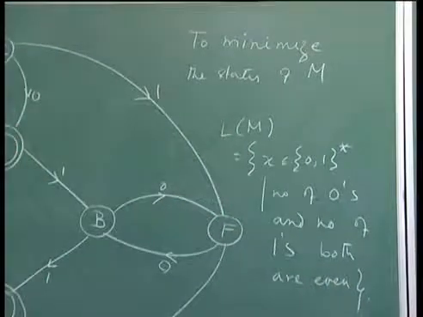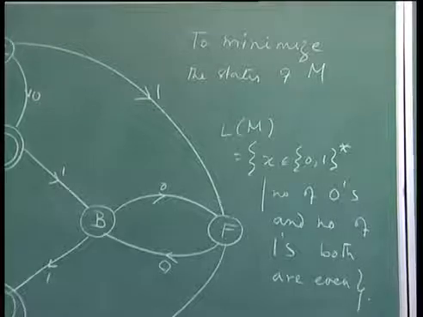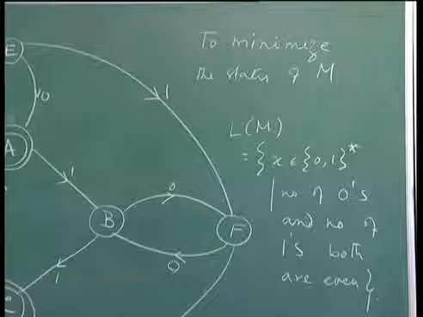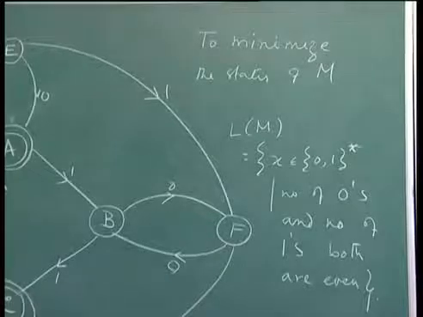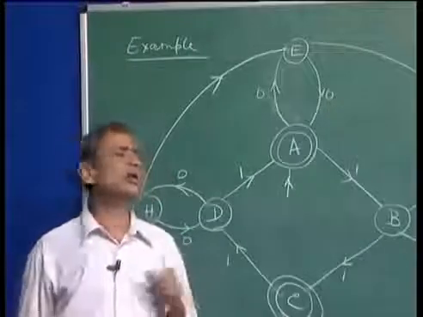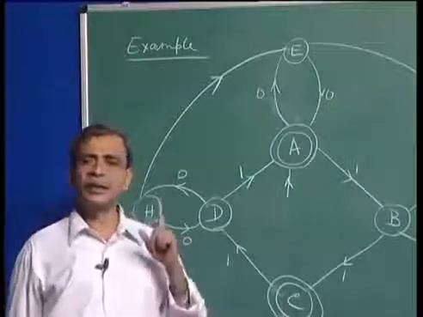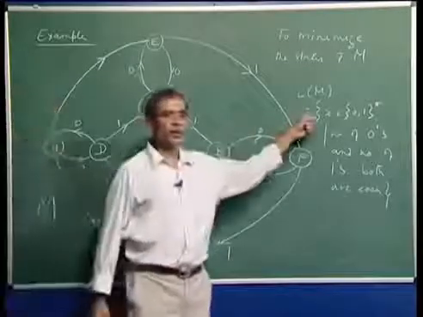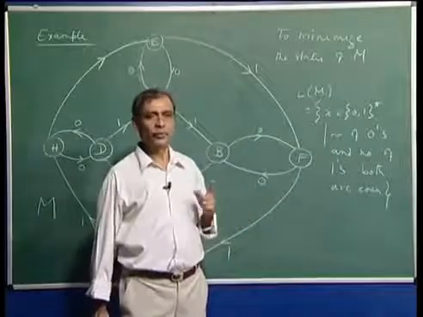But of course, for this language we had given right in the beginning, in one of our first or second classes, a very simple 4-state DFA. And we also proved at that time by an ad hoc argument that there can be no DFA accepting this language which will have less than 4 states.